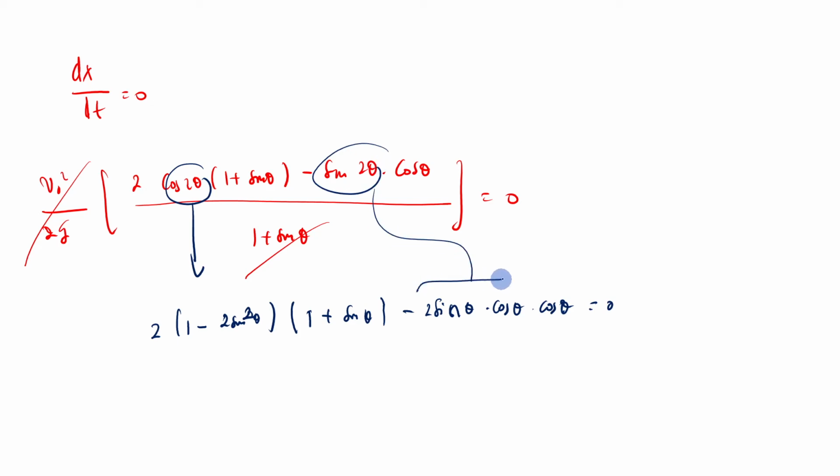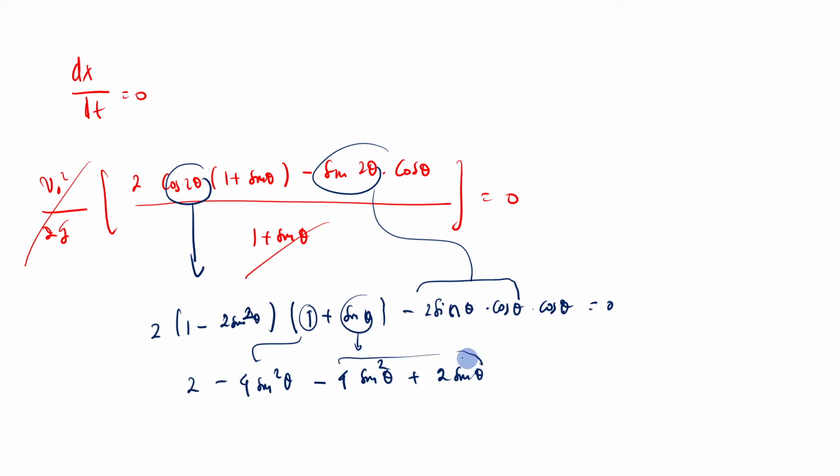Okay, and we can get 2 minus 4 sin squared theta, with the 1 to this and sin to this. We get 4 minus 4 sin theta squared, of course, plus 2 sin theta.